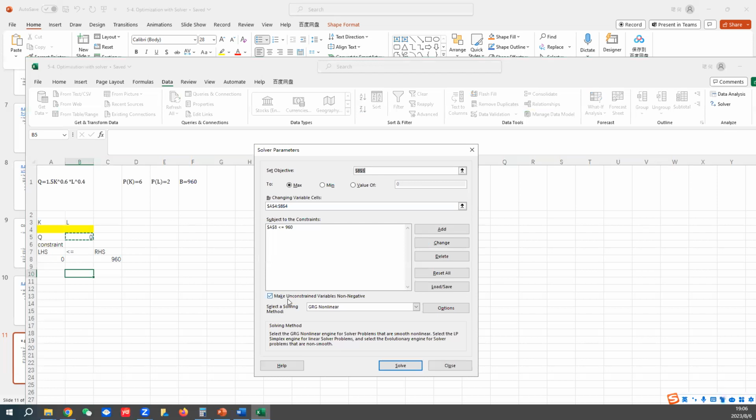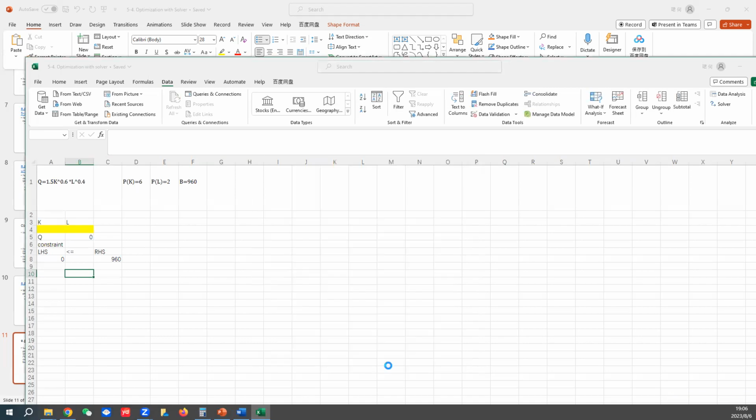It's okay to keep this box checked, because both capital and labor should be non-negative. So we want to make the unconstrained variables, K and L, non-negative. You can't recruit negative labor or capital, right? So here we hit solve.